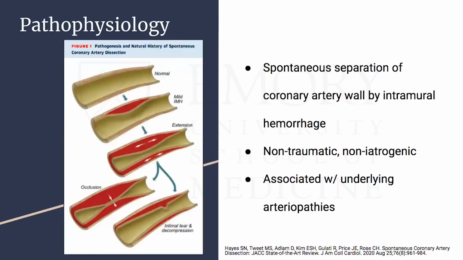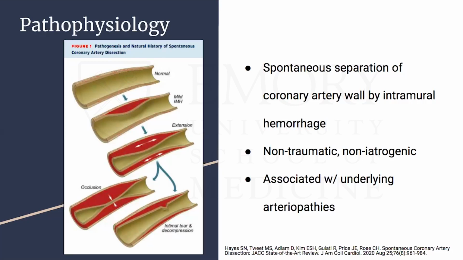In terms of the pathophysiology, spontaneous separation of coronary artery wall by intramural hemorrhage is how we describe a SCAD event. And it's non-traumatic, and the key is it's also non-iatrogenic. So again, spontaneous separation of coronary artery wall using this intramural hemorrhage.